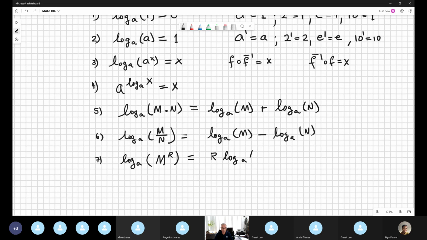It's a fantastic property because it allows us the conversion from exponential to linear equation. You see now in the example, super clear.